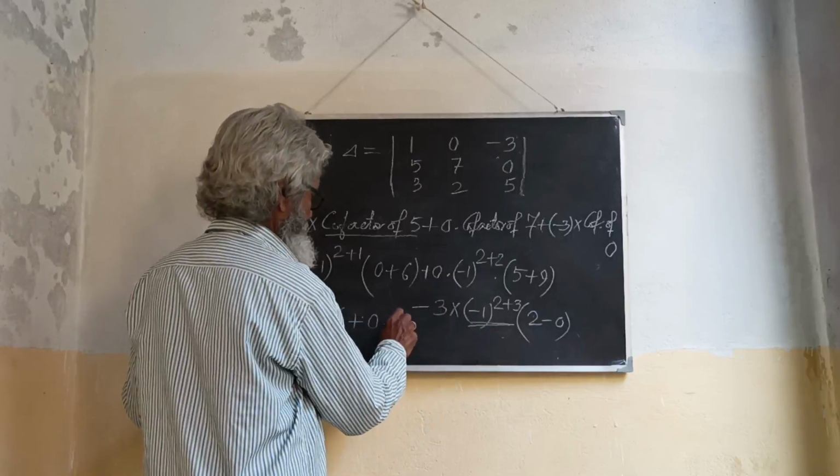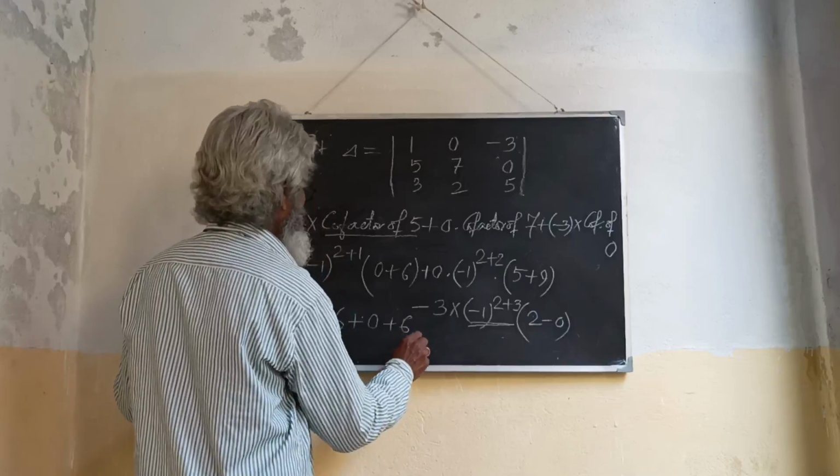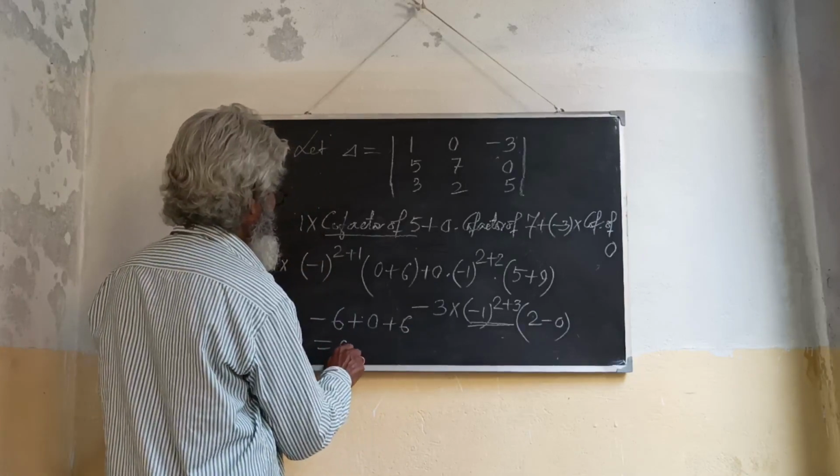Minus 1 times minus 3 is a plus, 3 into 2, that means 6. The sum equals, you see here, 0.